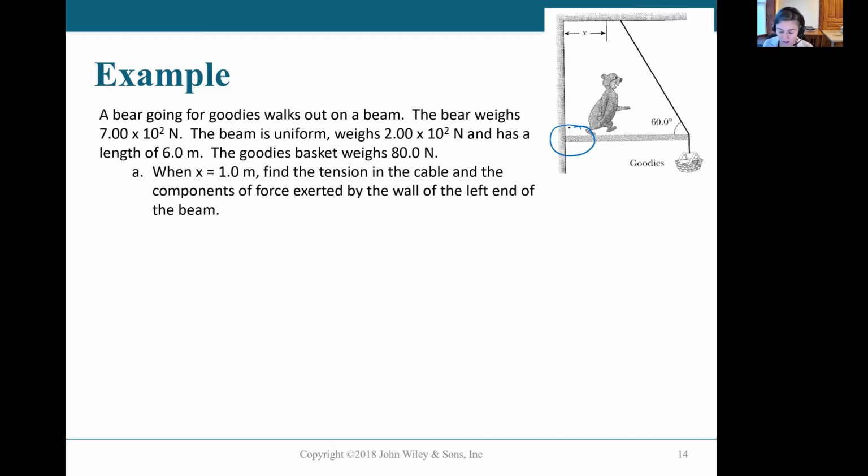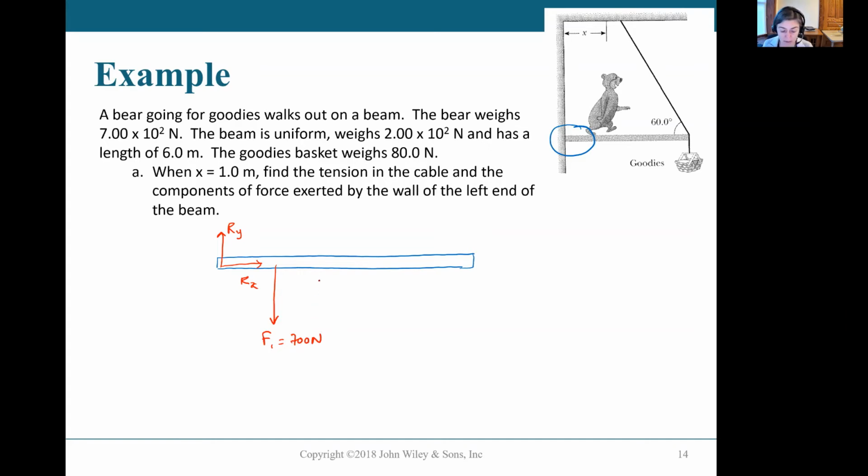We start by drawing a free body diagram of the beam. So here it is. Now we're going to have reaction forces at the left end, maybe I'll put this in another color. So we could have Rx and Ry. We're going to have the weight of the bear on the beam, which I'm going to call F1, and that's 700 newtons.